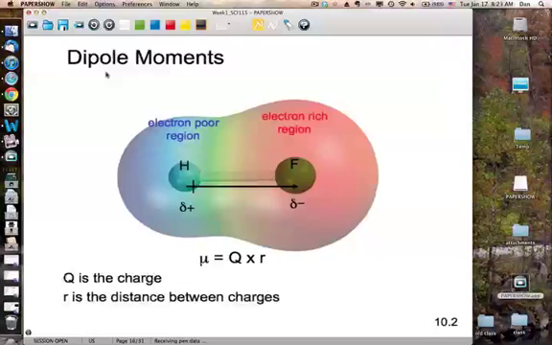And so we can represent this with a small delta plus or a small delta minus on our HCl example, or HF. And this small partial negative charge and a small partial positive charge manifest themselves as a permanent dipole in the structure. And the bigger the charge and the further away, the larger the dipole moment is.